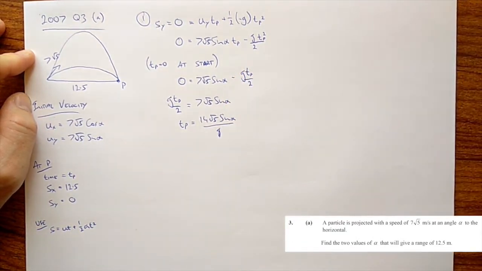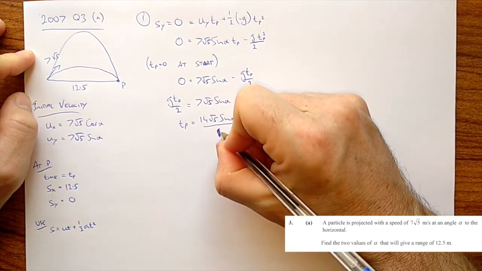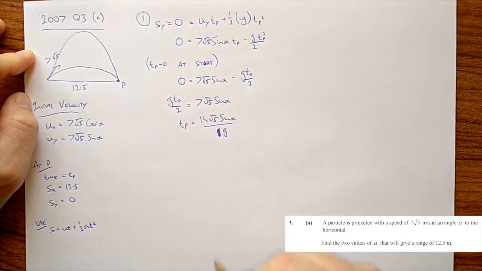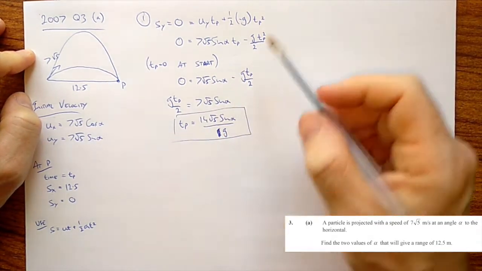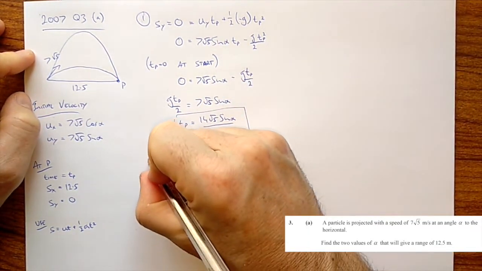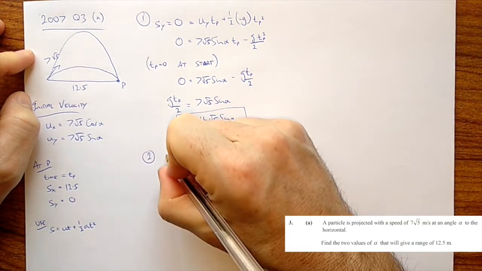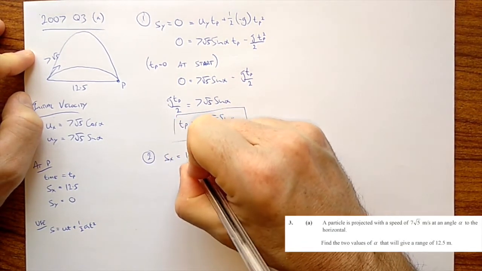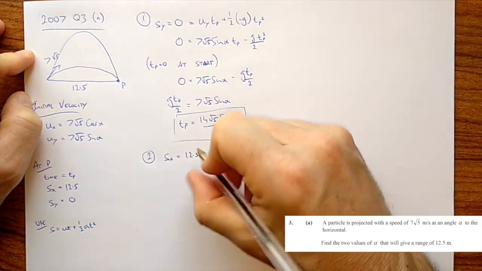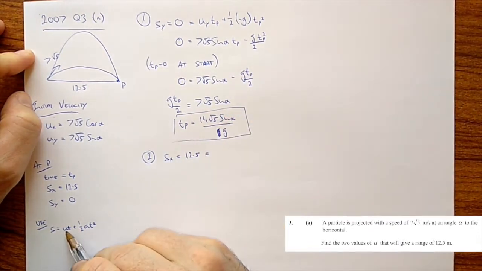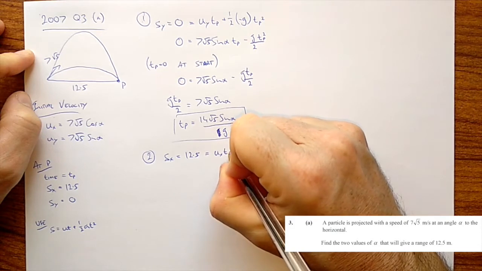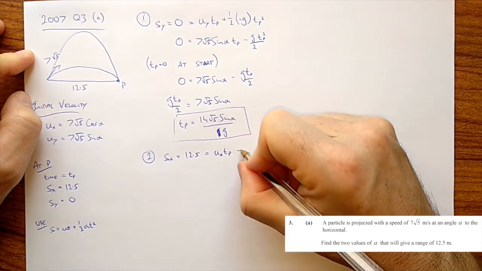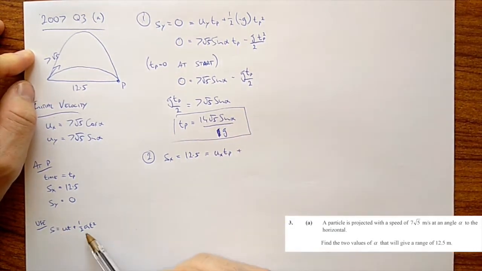Sorry, it's rather messy. We'll make that a little bit clearer. So this is going to be one value of t. I'm going to be able to sub this into the next equation I get. So let's make our next equation. Well, Sx equals 12.5. That's what we're interested in. So, using our equation down here, Ux times the time at P plus, well, the good thing here is there's no acceleration, so that goes to 0.